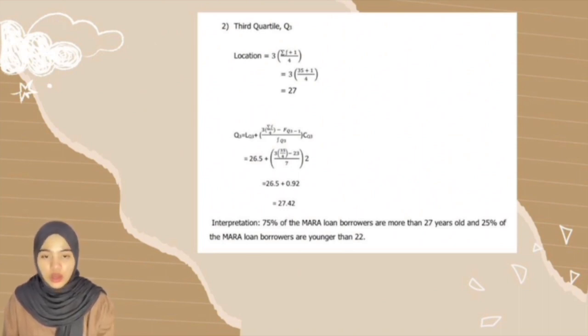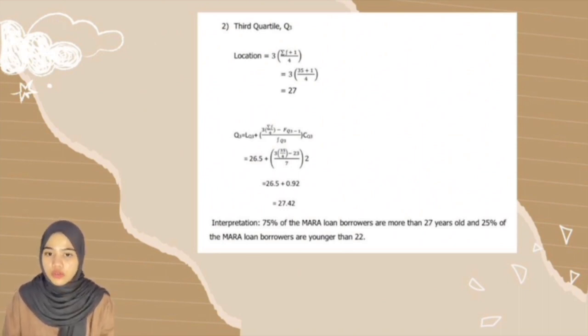And then I will show you the formula of the third quartile, and we will put our information inside the formula. So 26.5, which is the lower boundary of the third quartile class, plus 3 times 35 over 4 minus 23, over 7, times 2, so 26.5 plus 0.92, which is equal to 27.42.